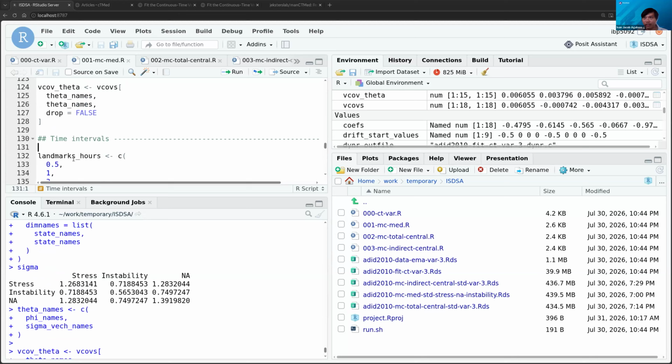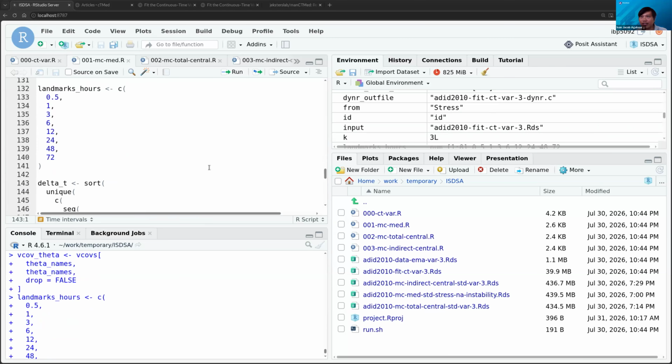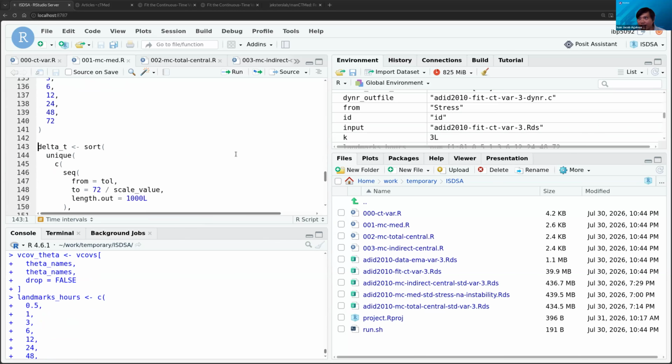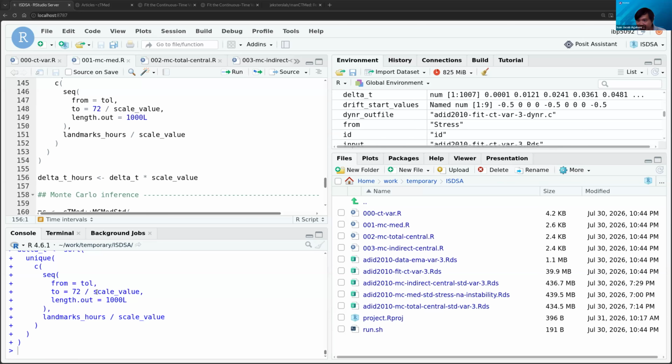Once you have those, you can specify the delta t values that you want. I specified here some landmark values that I think are important. So 0.5 is one half hour, 1 hour, 3 hours, and so on and so forth. And then I create a delta t vector.